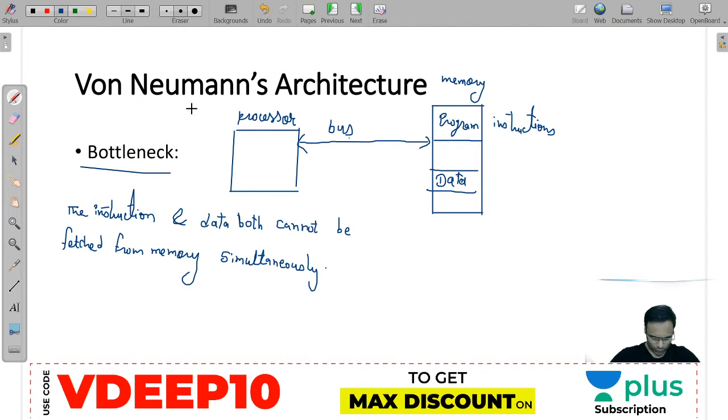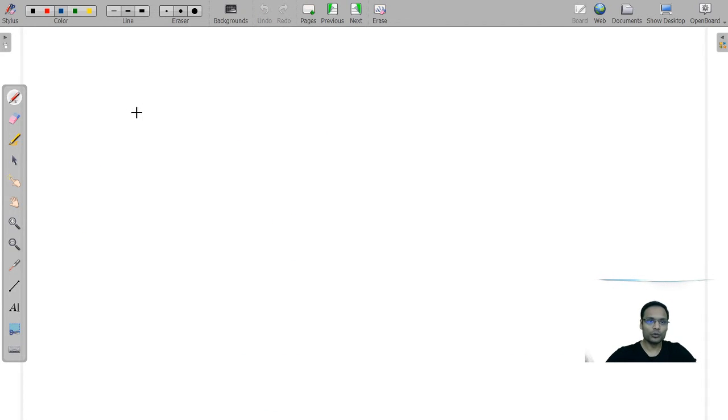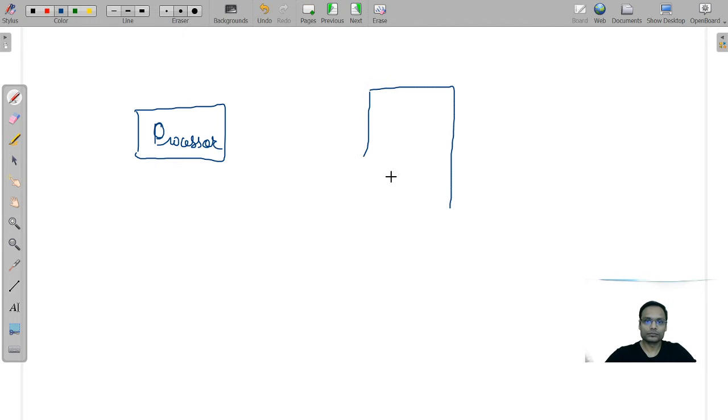Now here is a question for you guys. I'm adding a new slide here. Suppose I'm saying that my processor is connected with memory with two sets of buses.